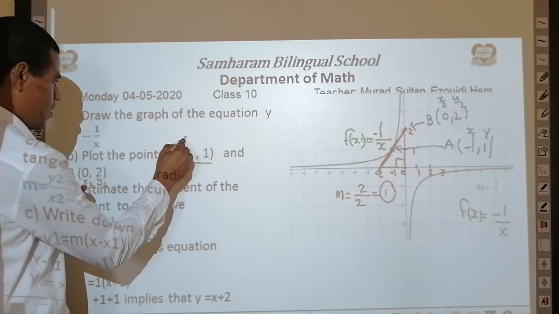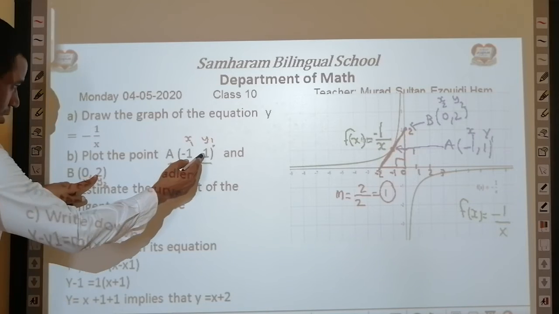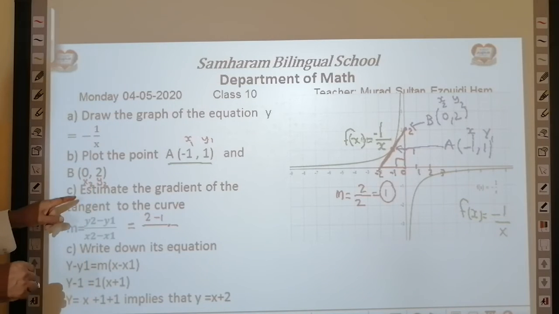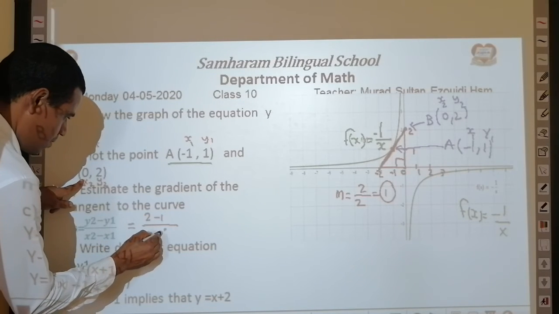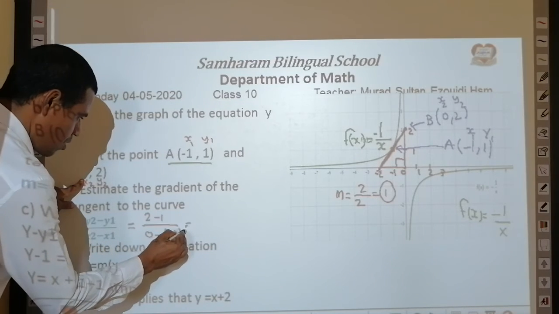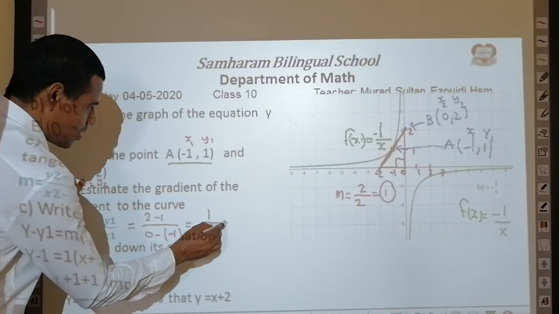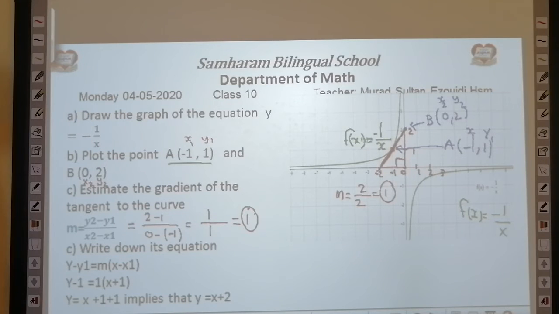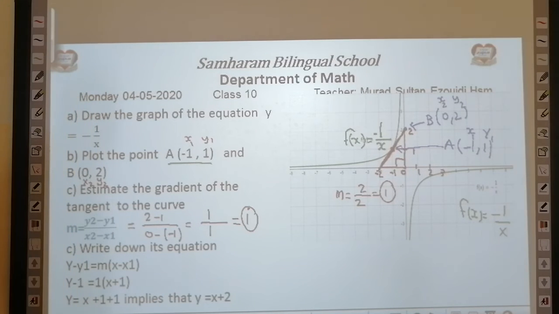Then this one I will label as x1, y1. Look, it will be 2 minus 1 divided by 0 minus negative 1. 2 minus 1 is 1. 0 minus negative 1 is 1. So, it will be only 1. So this is how you can find the slope or the gradient.